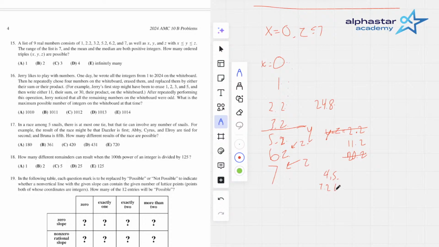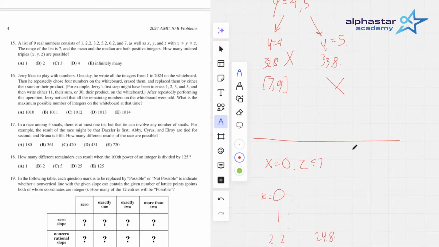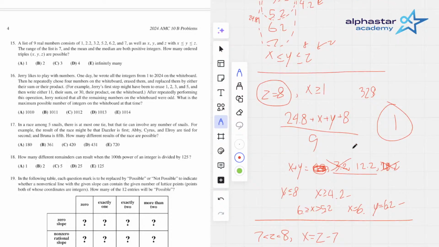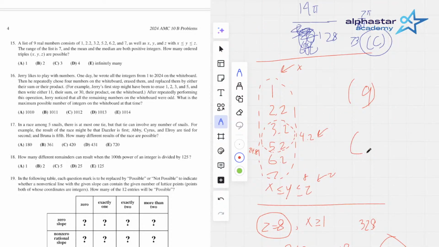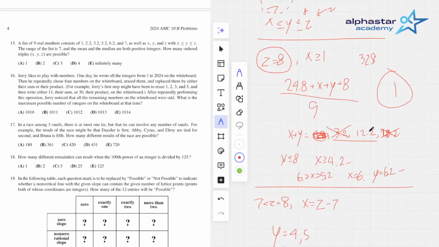4, 7.2. 5, 6.2. So 4, 7.2 doesn't work because z is too big. So 5, 6.2 is the only possibility. Then we have the two possibilities here. X, Y, Z here is, what is it? Where did I put my value here? Oh, here.